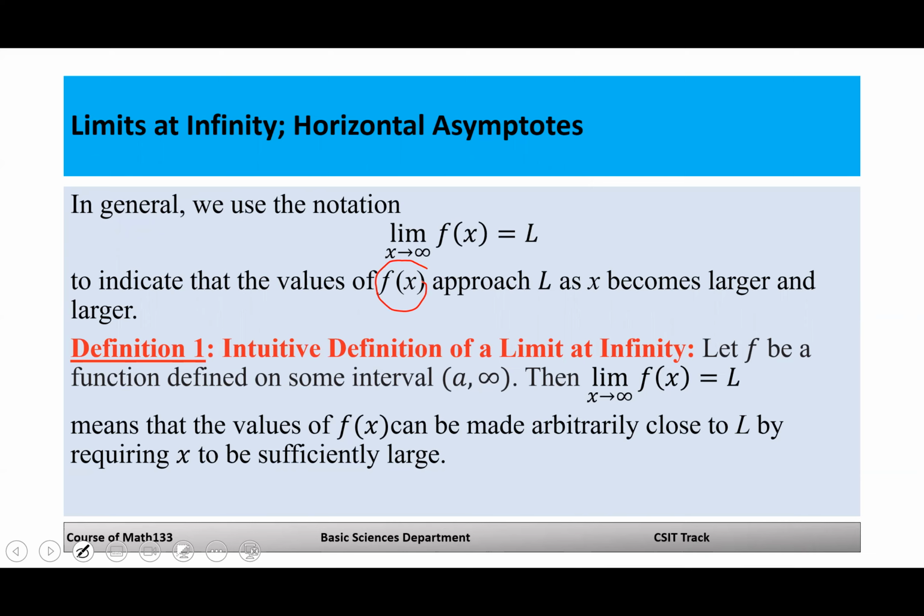Intuitively, we can think about taking x greater than a certain number, x bigger than a, where in our mind a is a large number, for example 10 to the power 6. When we take x greater than this number, then we will find that f of x must be very, very close to L. That's the meaning of the limit at infinity.